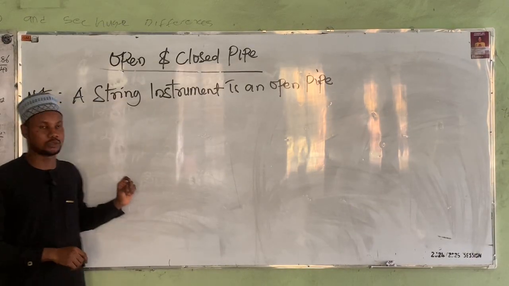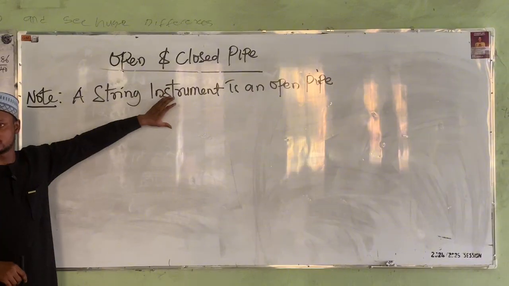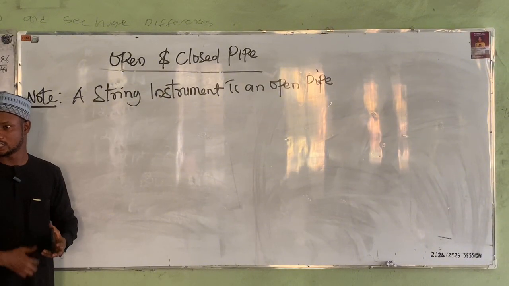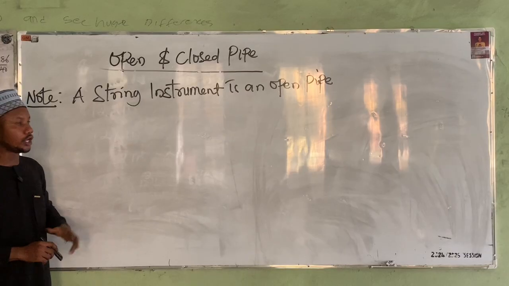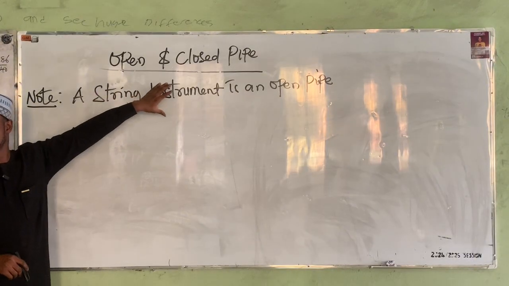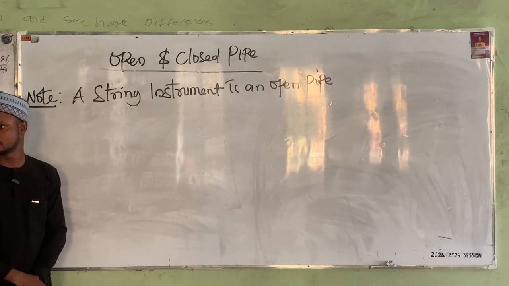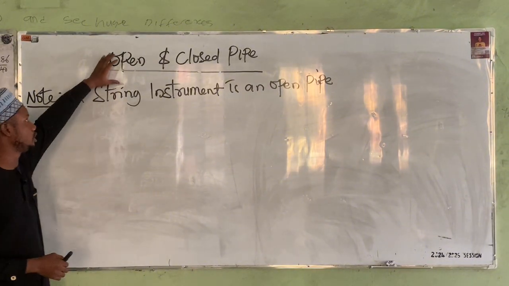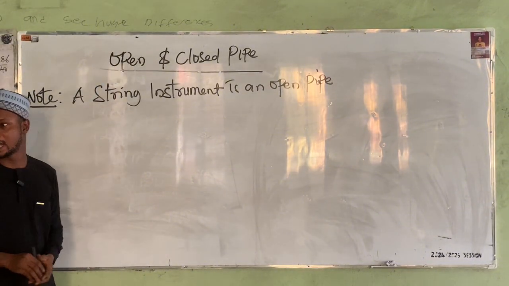So what does it mean here? It means that all stringed instruments, you know what a stringed instrument is, right? Guitar, is it a stringed instrument? Yes, you can see strings, right? So any instrument that has strings is an open pipe. So when they mention guitar, you should qualify guitar to be what, class? An open pipe, okay?